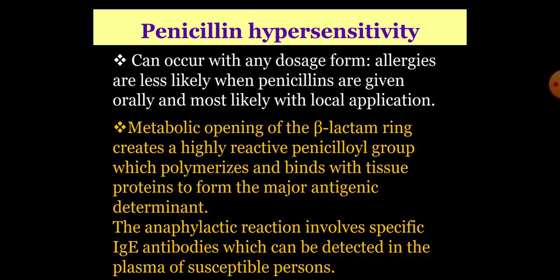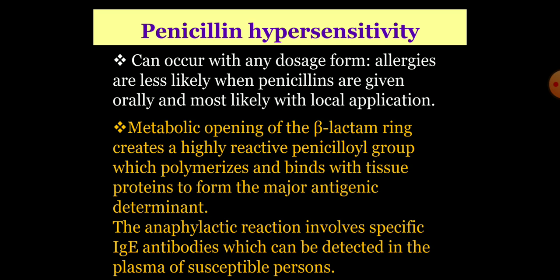While discussing the structure of penicillin, we have discussed a term, penicilloic acid. It is the penicilloic acid, which is basically a metabolite of penicillin, either alone itself or linked to a plasma protein, that is probably responsible for these kinds of allergic reactions.